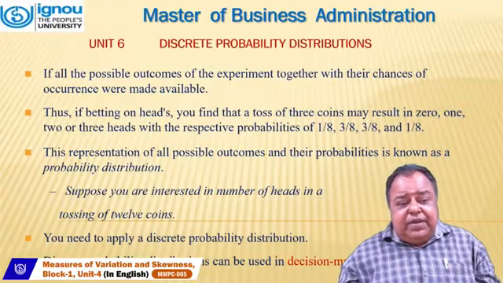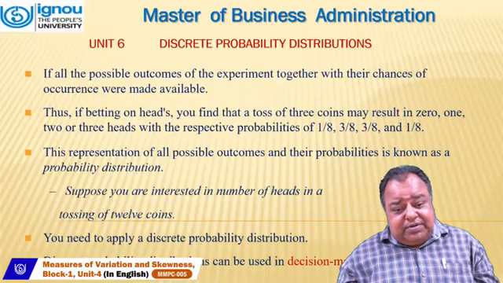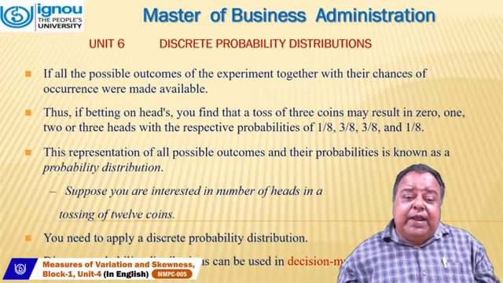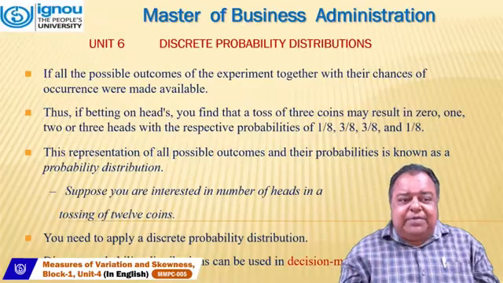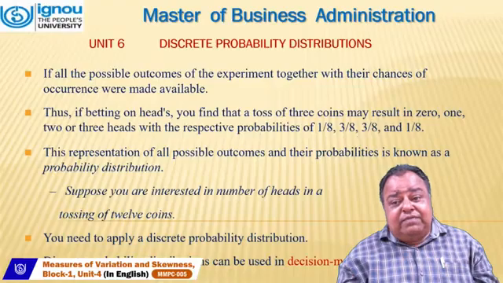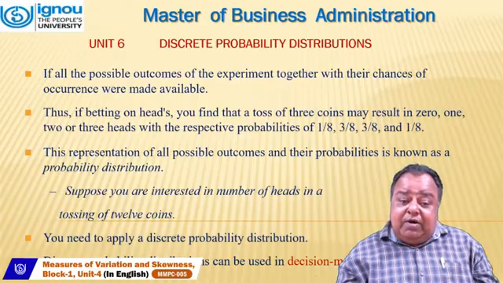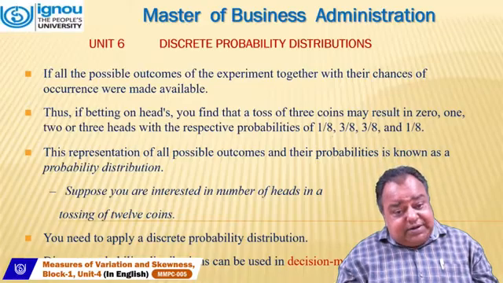Then we move to unit 6, that is discrete probability distribution. Here we will be finding out the probability of each outcome of an experiment. If all the possible outcomes of an experiment together with their chances of occurrence are listed, for example, a toss of 3 coins may result in 0, 1, 2 or 3 heads.